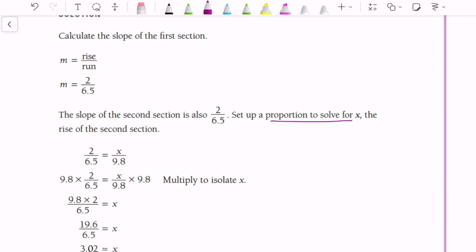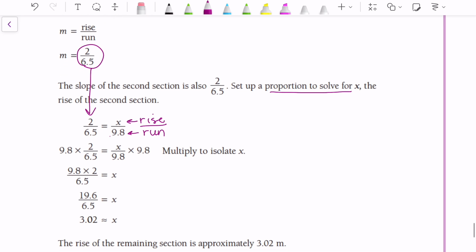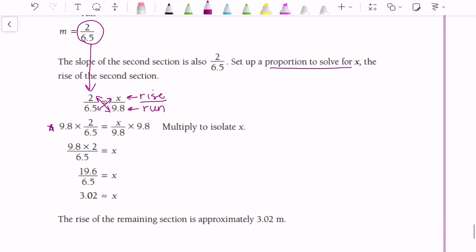Okay, so again, we're starting with this one right here, setting it equal to, we know that rise is on top. We're looking for rise, so the x should be on the top. Remember, the run on the bottom. Okay, again, we can cross multiply and skip this second step altogether. Save you some writing, save some trees or battery, whichever one.